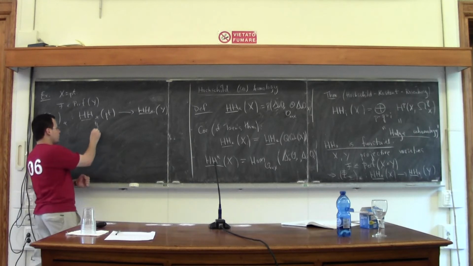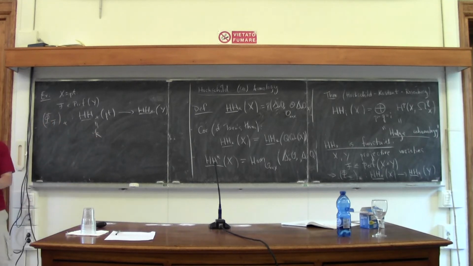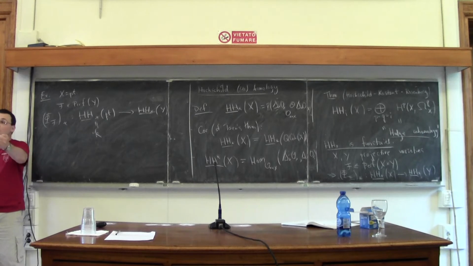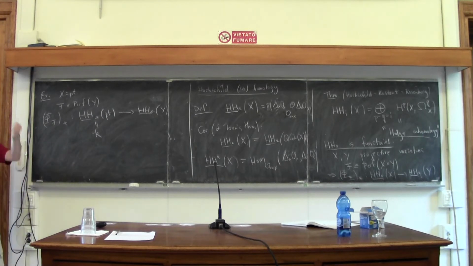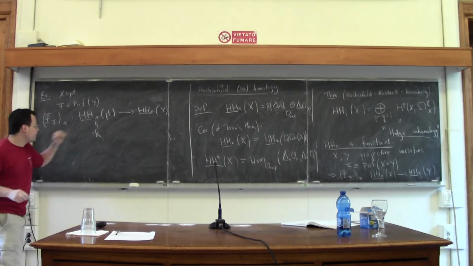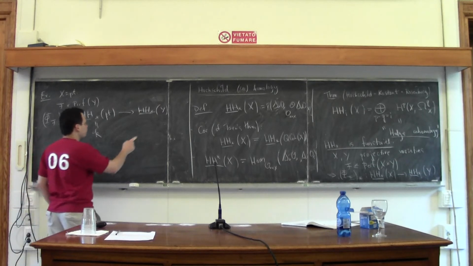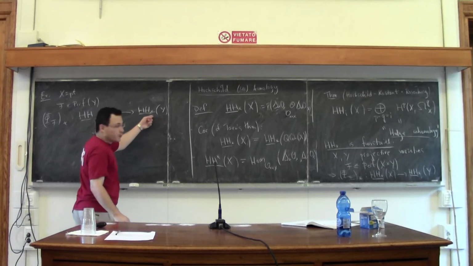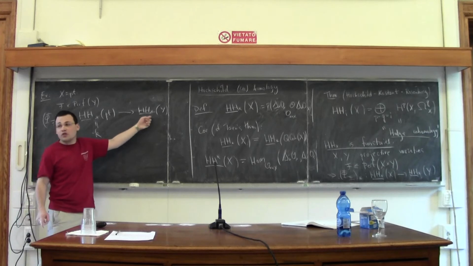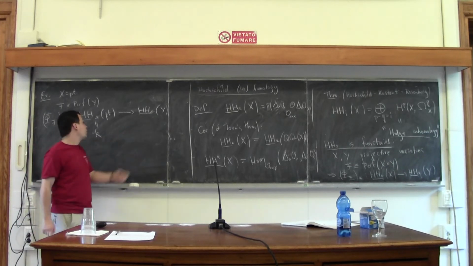It's just K. For instance, because point cross point is point, the diagonal pushforward is the structure sheaf, which is K, and the tensor between them is also K. So in particular, if we think of this as a vector space, we get a point in this vector space.